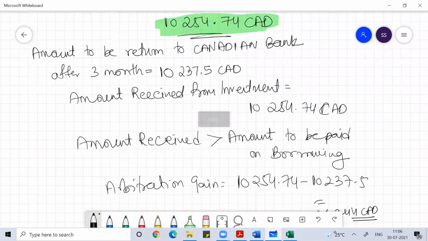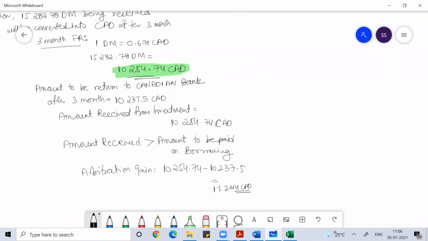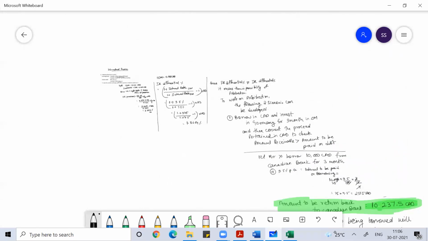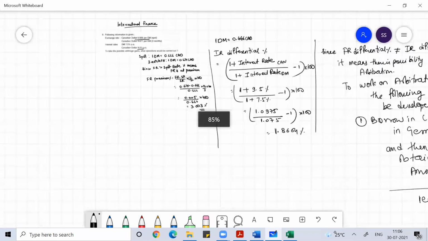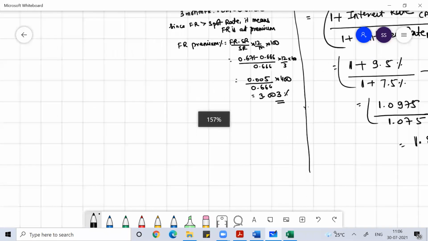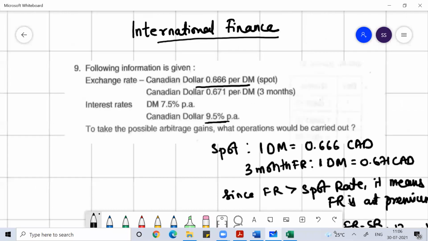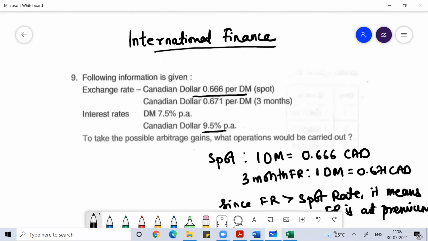So you can see the possibility of arbitrage. The arbitrage possibility here can be worked on if you borrow in Canadian dollar and invest in Germany in Deutschmark, and after 3 months whatever you receive you convert back into Canadian dollar, and then you see whether the amount you are receiving from the investment is more or less than the amount you need to pay on your borrowing. So we don't know which way the arbitrage will work.